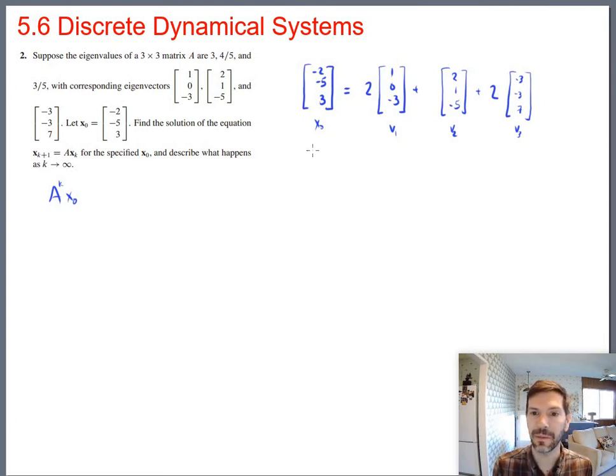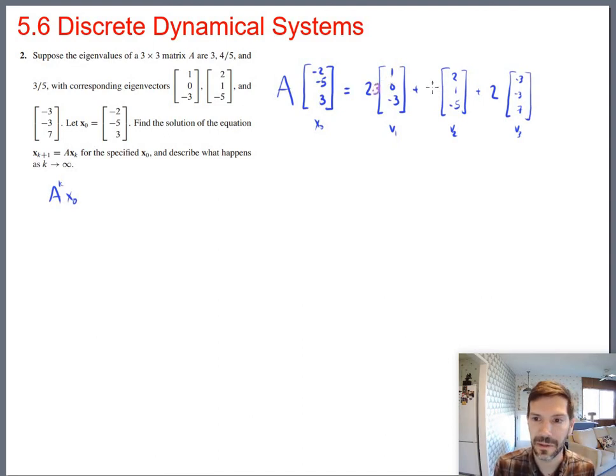So anytime I multiply x0 by A, and therefore multiply each of the eigenvectors by A, that's the same thing as multiplying by their appropriate eigenvalues. First of all, just doing A once is the same as shoving in a 3 right there.